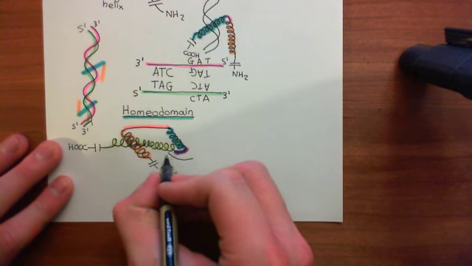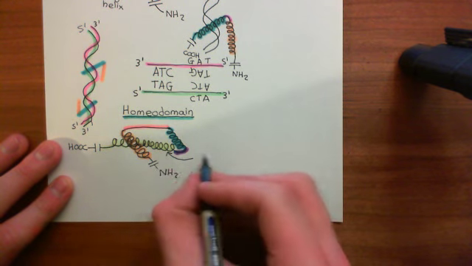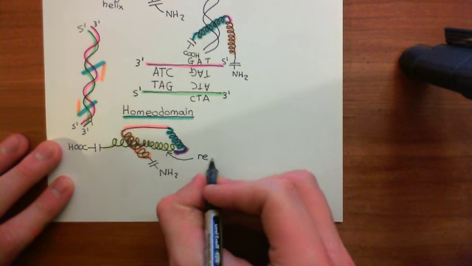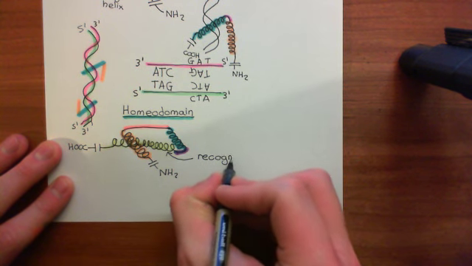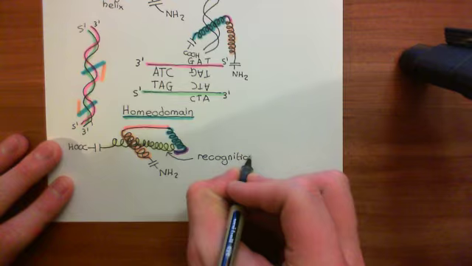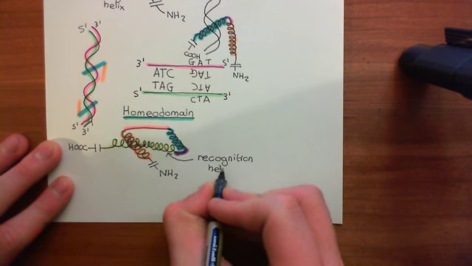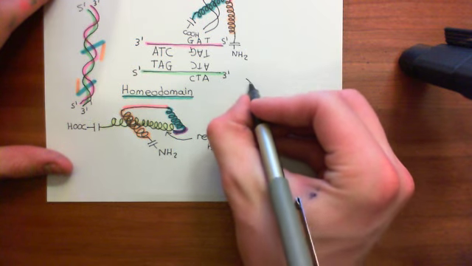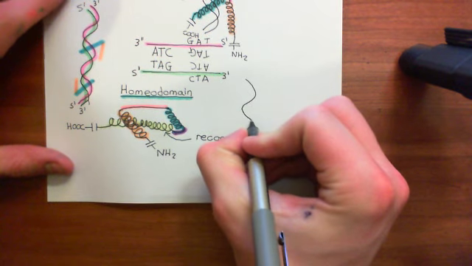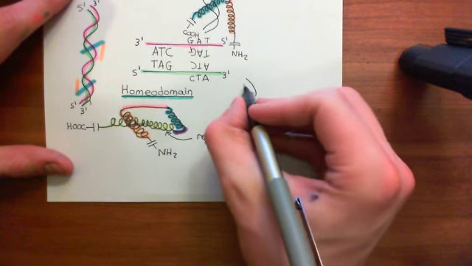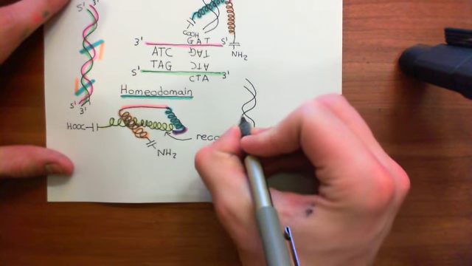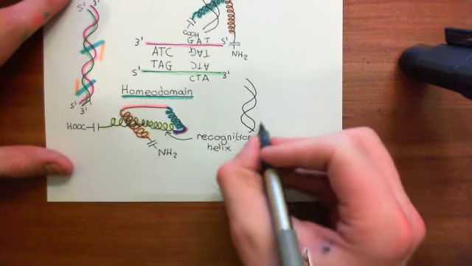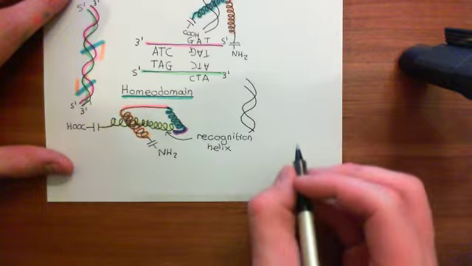Now, the second alpha helix of the helix-turn-helix motif is once again going to be the recognition helix. It's the one that's going to bind to the major groove of the DNA. So let's show this. So once again, let's draw our DNA here. Then we have our major groove here.